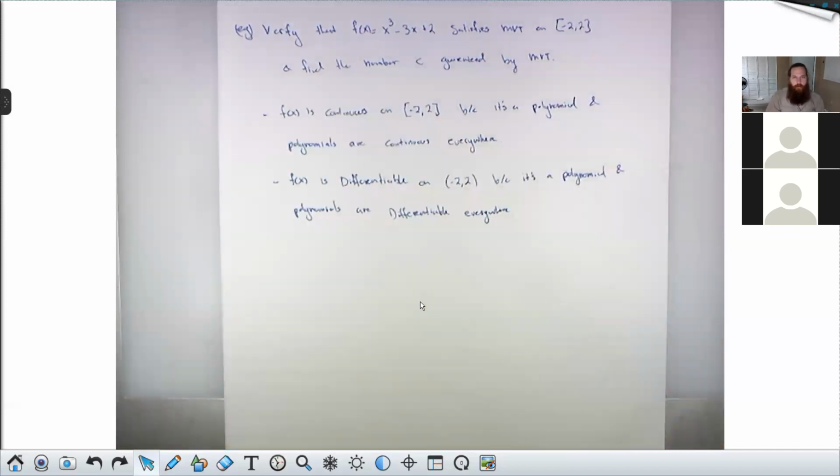Okay, so my function is continuous on the closed interval. It is differentiable on the open interval.